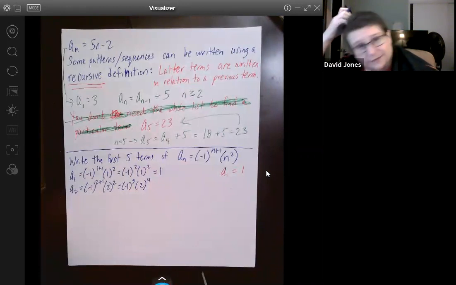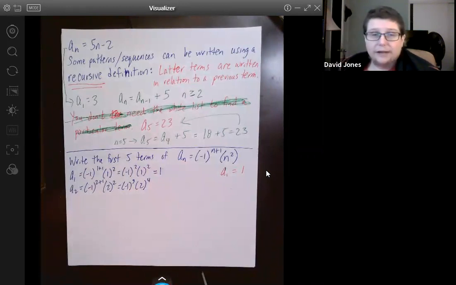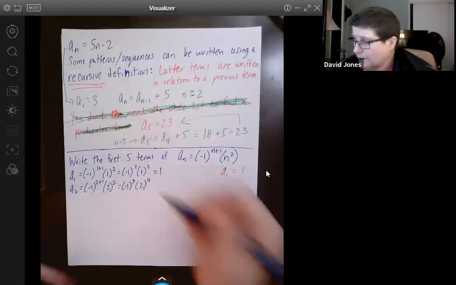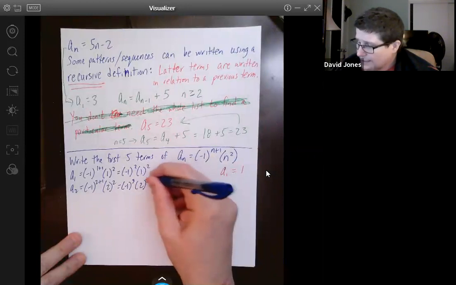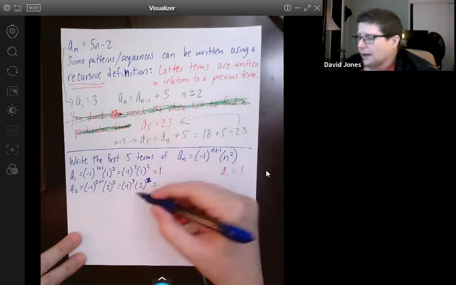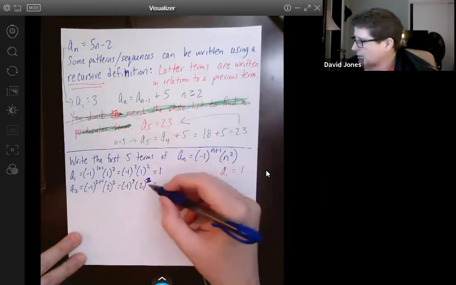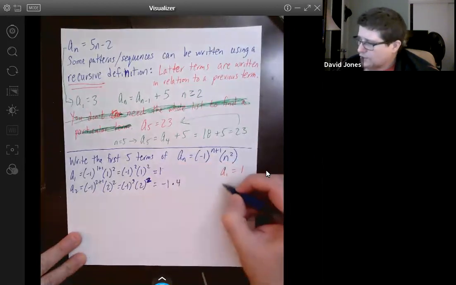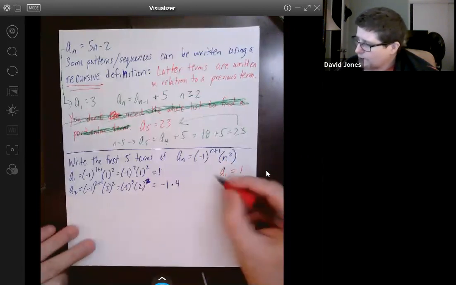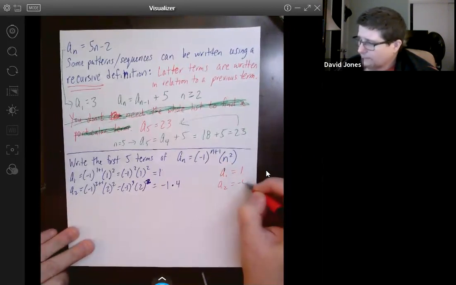So an even number of negative signs is positive. An odd number on the exponent gives us a negative result. Oops, I wrote 4 because that's what 2 squared is. -1 cubed is -1, and 2 squared is 4. So that gives us a sub 2 equals -4.